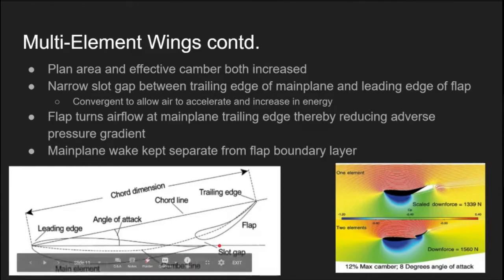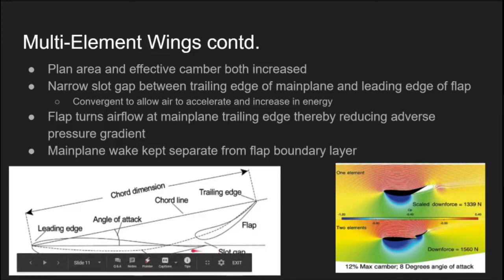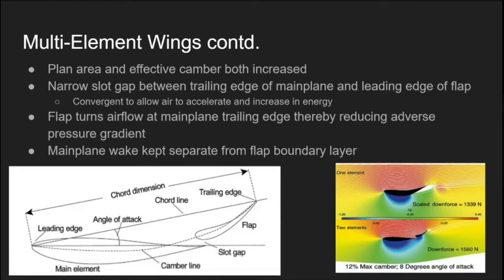And remember, when you turn a flow, it generally speeds up and creates a lower pressure region and gains a bit more energy so that it can stay attached all the way till the end. So the flap also has that effect of turning the airflow before it reaches the trailing edge to give it a little boost of energy. So this flap is really giving the flow a little bit more energy in different ways to make it towards the end.